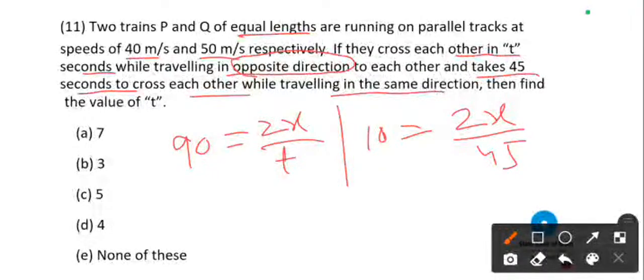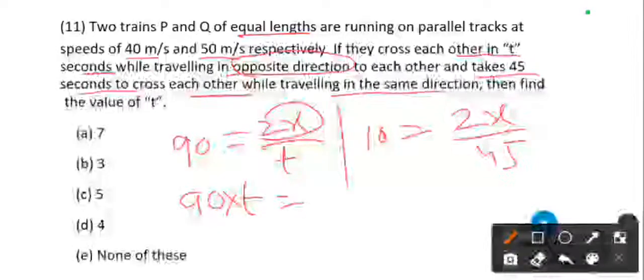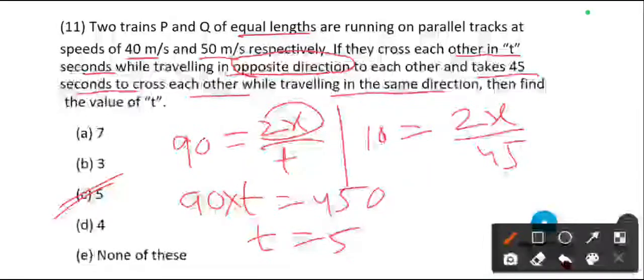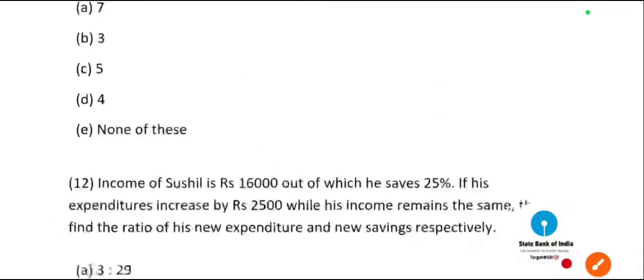So instead of 2x we can write 90 into t equals 10 into 45, 450. So the t value we got is 5, after cancelling the zeros. So answer will be 5. Option C is the answer. Okay, next question, 12th one.